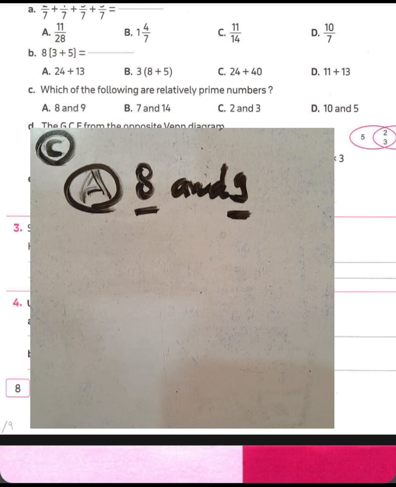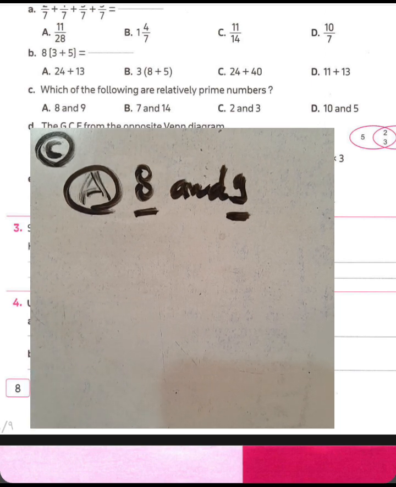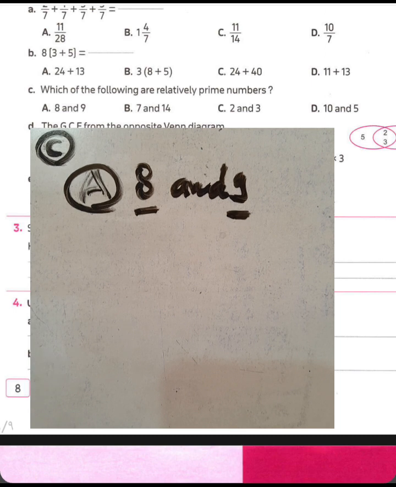So we have a relation between 8 and 9: they are relatively prime numbers.